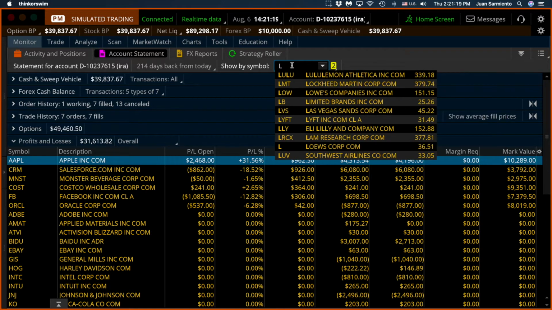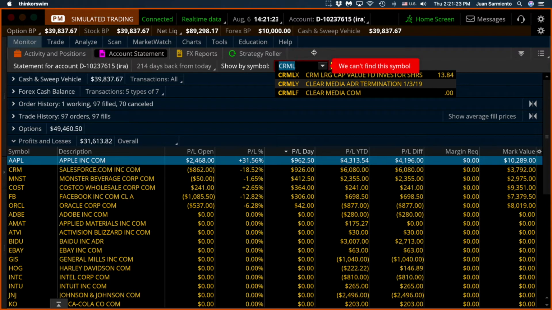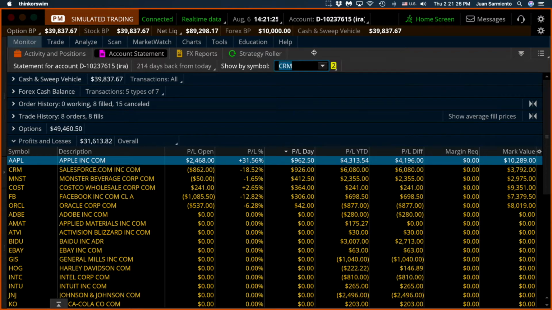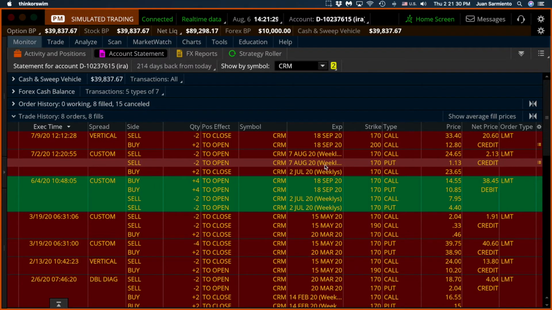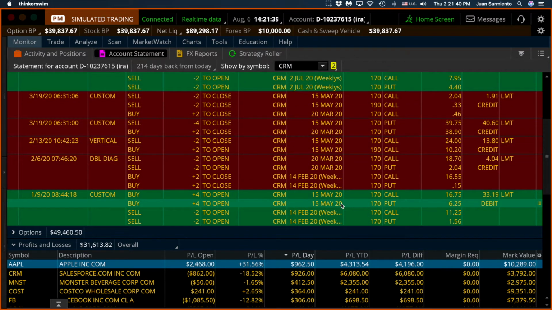It's very important to enter CRM. So that is limited. Oops, no L. Okay, it says 8 fills. So you can see here, I started this trade back in January, and I think this is probably all closed by now.